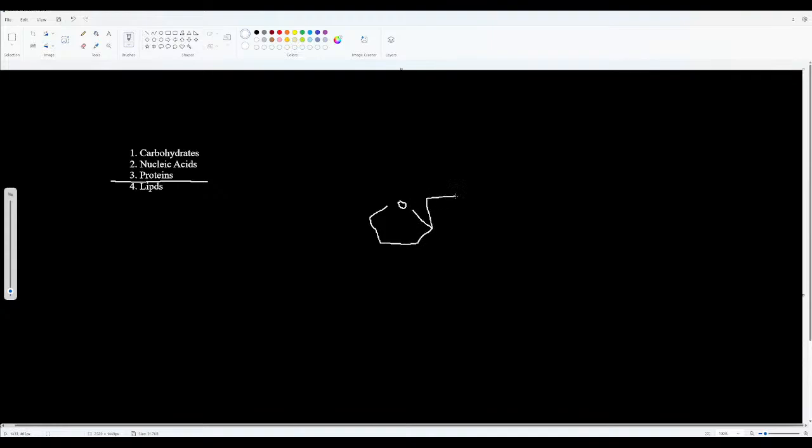It has a nitrogenous base. So I'm just going to draw something basic here, something nitrogen containing. Don't worry about what I just drew. And then we have the phosphate. This is your basic nucleotide. Nucleotides make up DNA, and they make up RNA.